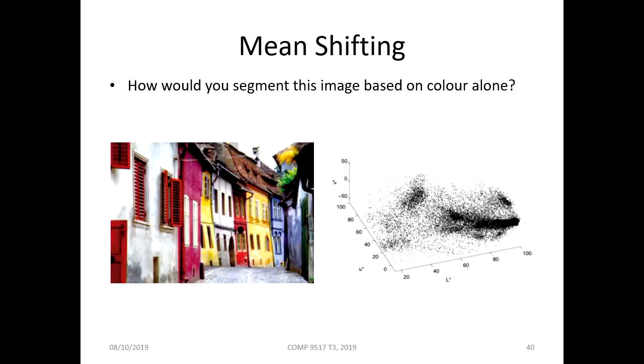But what you could do is you could translate this image into a point cloud, as shown on the right here, where the 3 dimensions are actually the 3 color components of the color space used in this image. So this is LUV in this case, or it could also be RGB, but usually LUV works better for this kind of problem. But so what's been done here is every pixel has a certain LUV value.